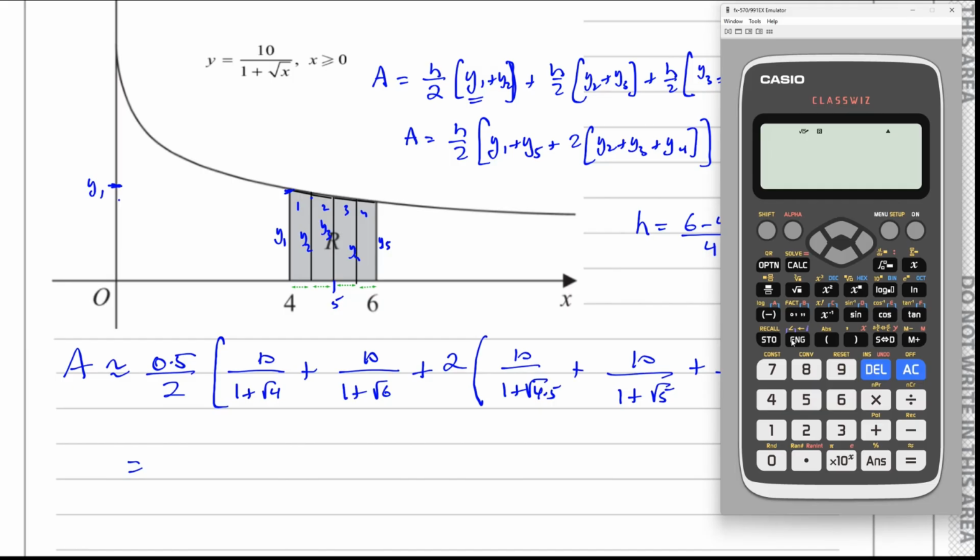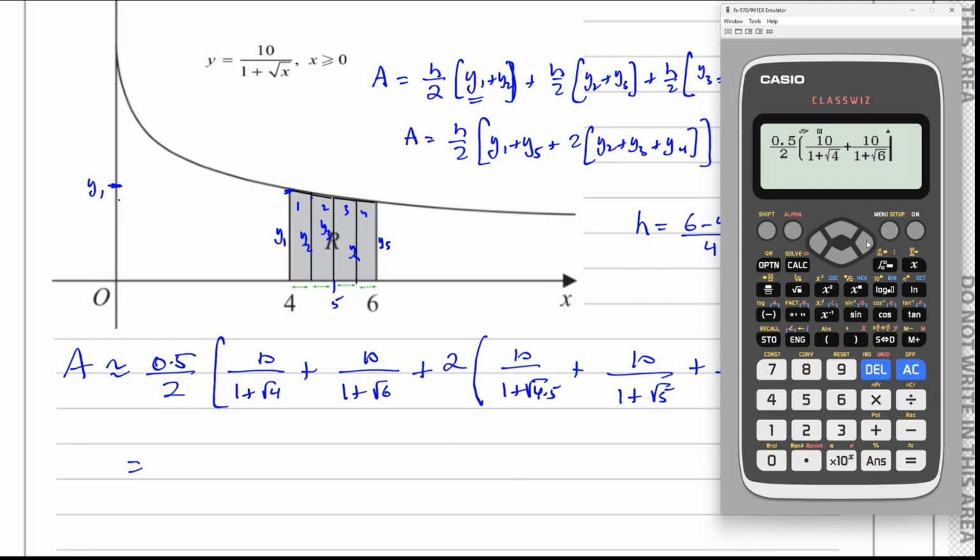So I'll have 0.5 divided by 2 times the first and the last, so I'll have 10 over 1 plus root 4, and then plus 10 over 1 plus the last one, which is root 6.